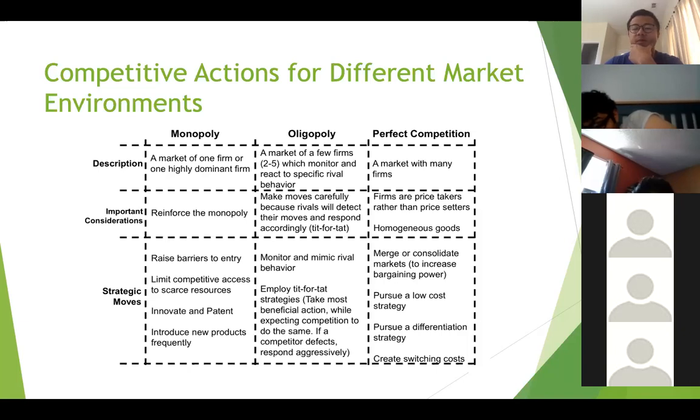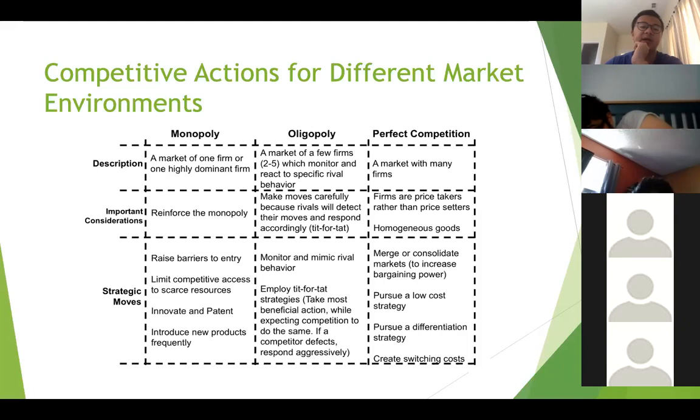The difference between the oligopoly and the monopoly is that in an oligopoly market, the number of firms is higher than in a monopoly, so their considerations will be a little bit different.